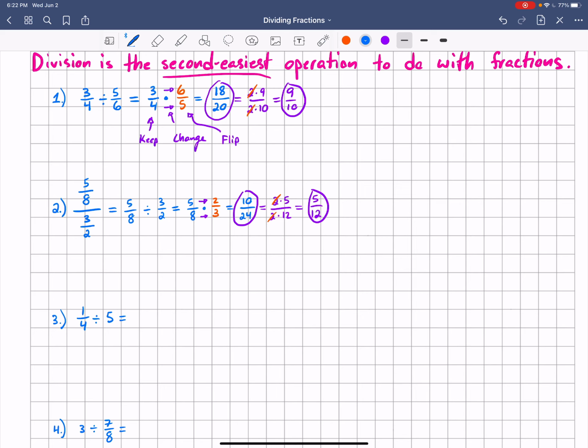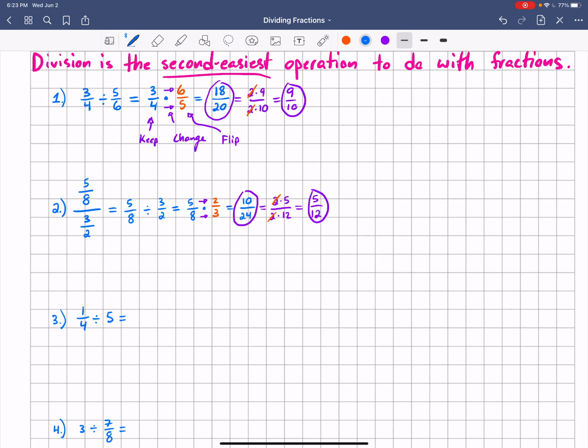Well, here, what we must do before we divide, we need to make sure both of the numbers we're working with are fractions. Now, 5 can be written as a fraction if we divide it by some number that doesn't change it. And the only number you can divide anything by without changing it is 1.